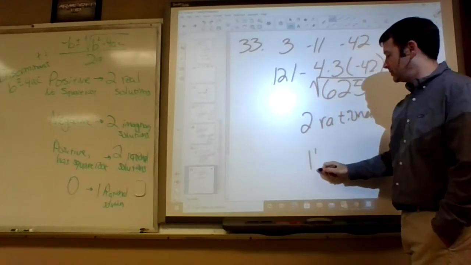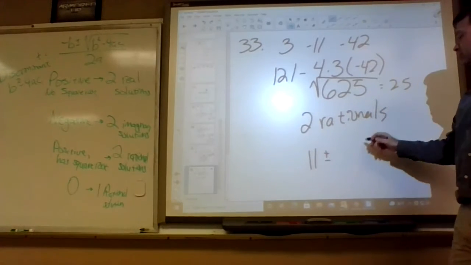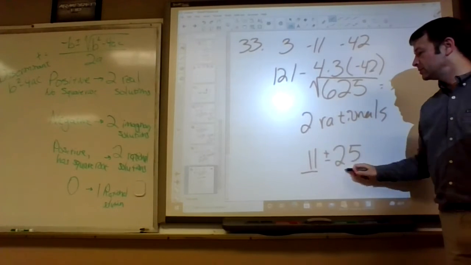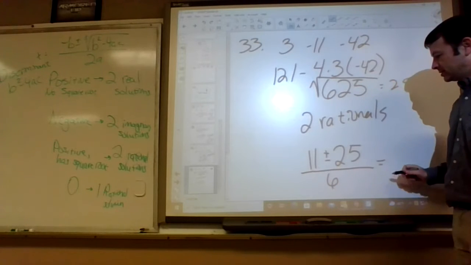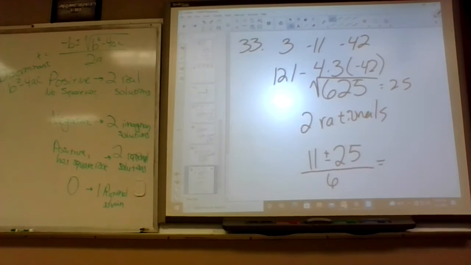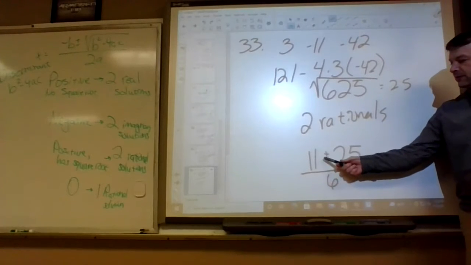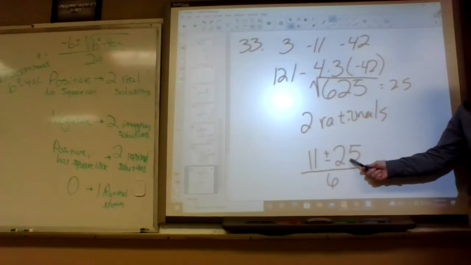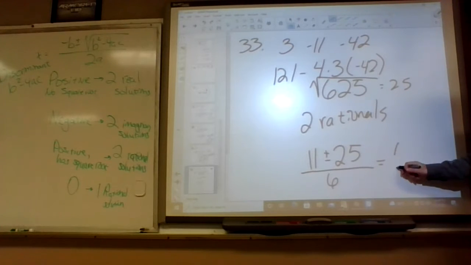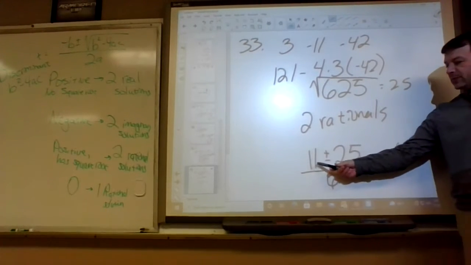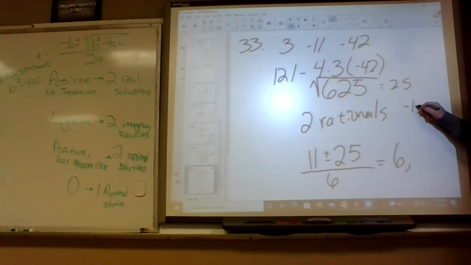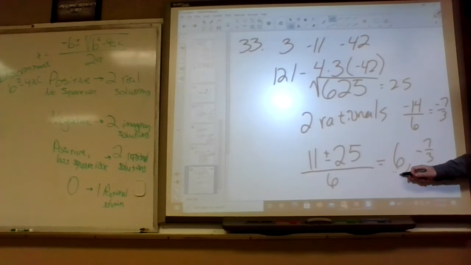Negative b is positive 11, plus or minus 25. 2a is 6. 11 plus 25 is 36, divided by 6. 11 minus 25 is negative 14, divided by 6. Reduce the fraction, divided by 2 is negative 7/3. Those are rational answers.